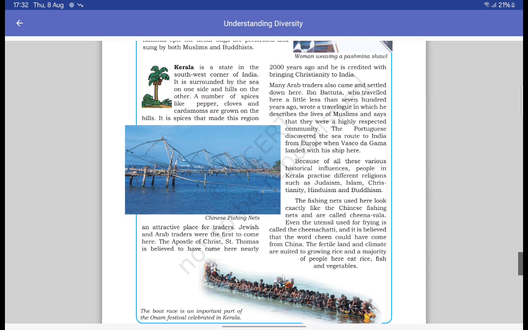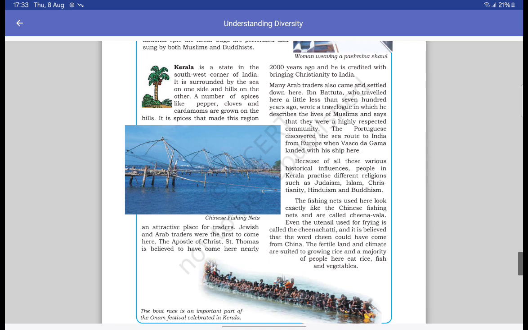So what is an apostle? Apostle actually has two different meanings. One is a vigorous, strong or very enthusiastic advocate or supporter of a particular policy, idea, or cause, someone who believes and spreads a particular idea with very strong determination and enthusiasm.